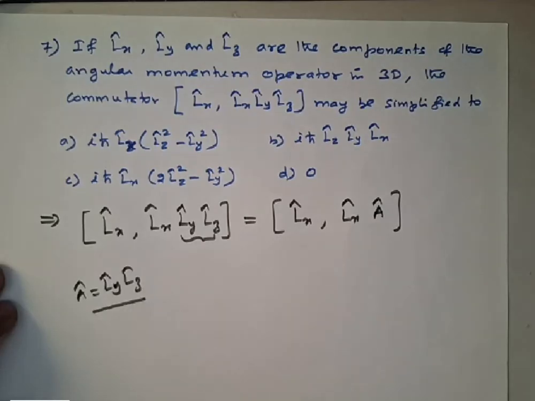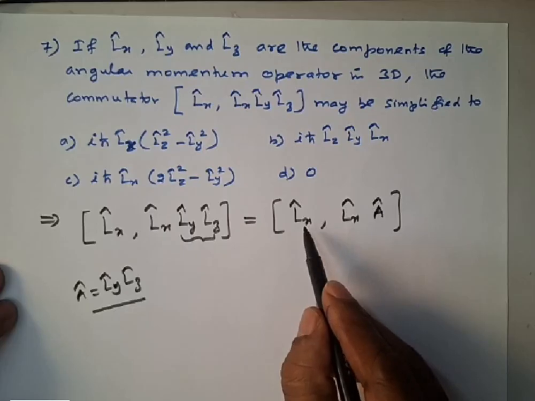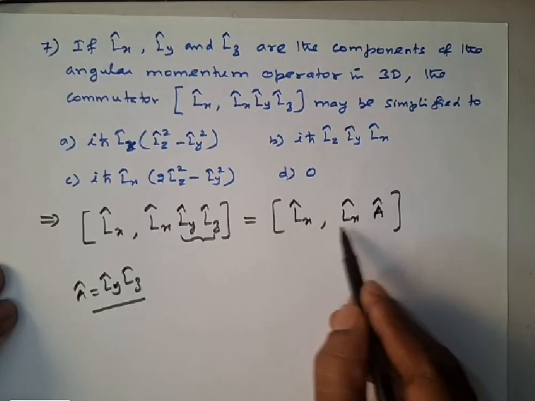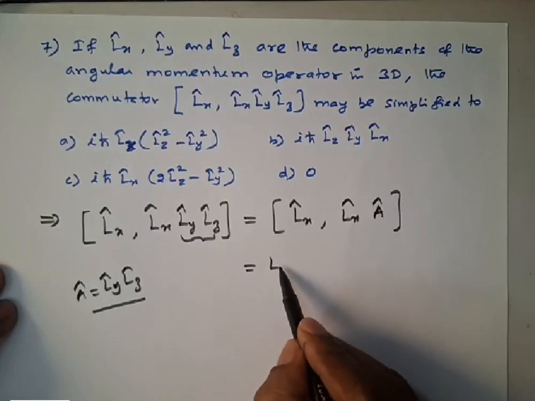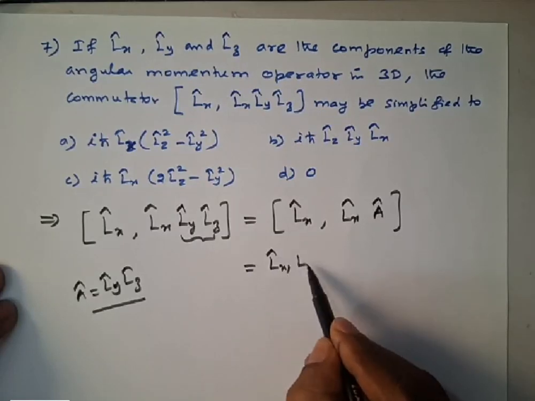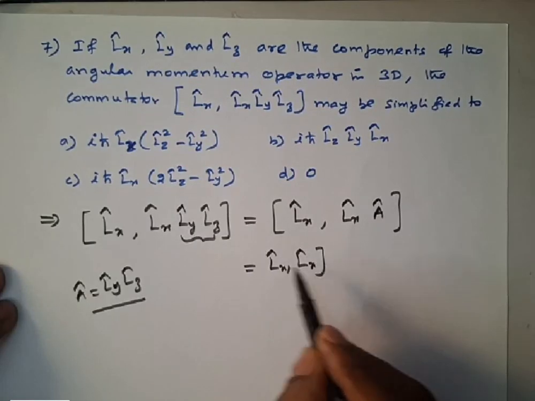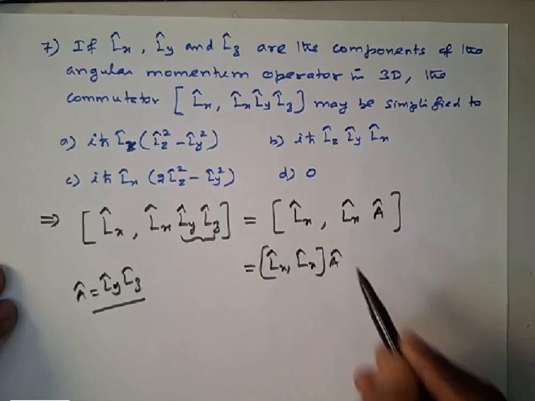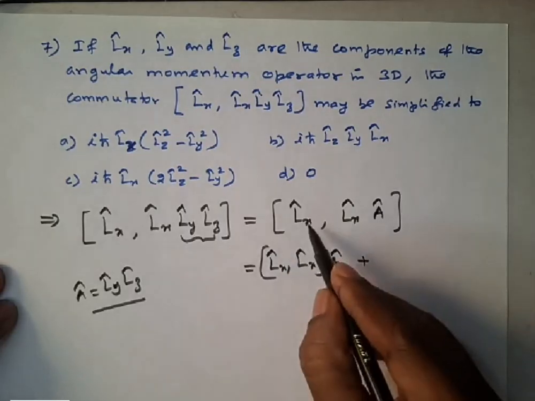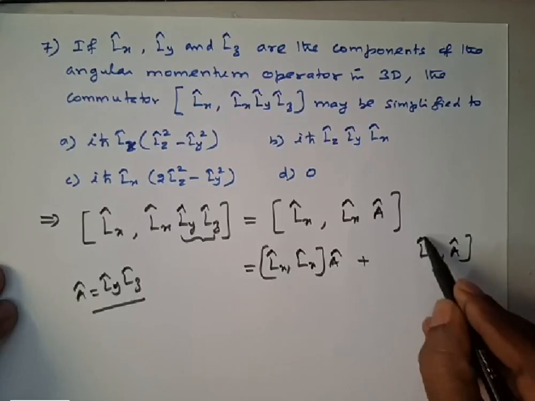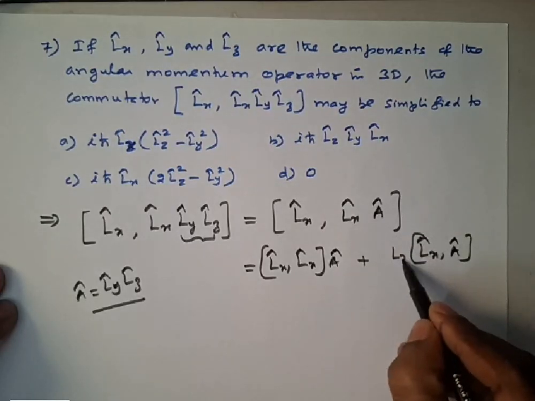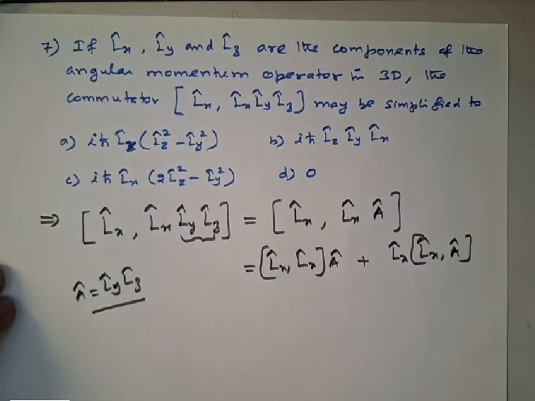And you know very well the commutator of A comma B into C can be written as A comma B into C plus A comma C into B. B should be written in the front.